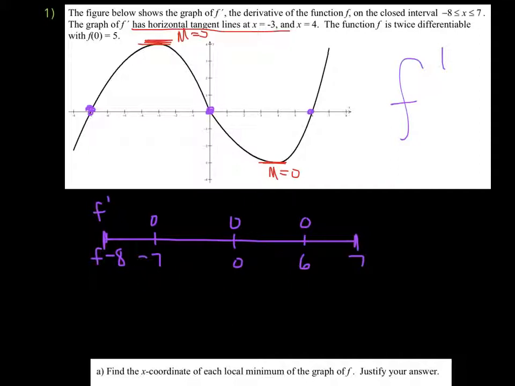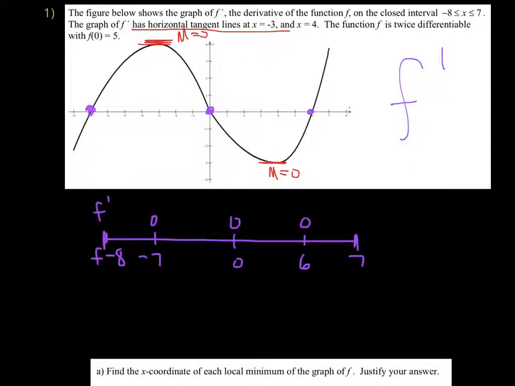Okay, now to fill in the positives and negatives, which we normally have on our sign chart on the top, we get those from the graph. So look at each interval that you have between -8 and 7 on the graph. Is the graph positive or negative?